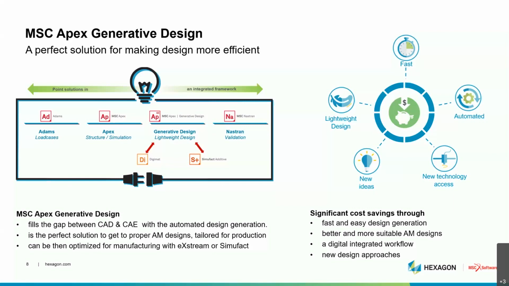And finally, we say you get new technology access with the software. Because if you want to use additive manufacturing with all its wonderful design freedom and all the new things that you can do, you need to have the right engineers who are able to do that. And if you are an engineer, you need to set up all this knowledge for additive manufacturing.